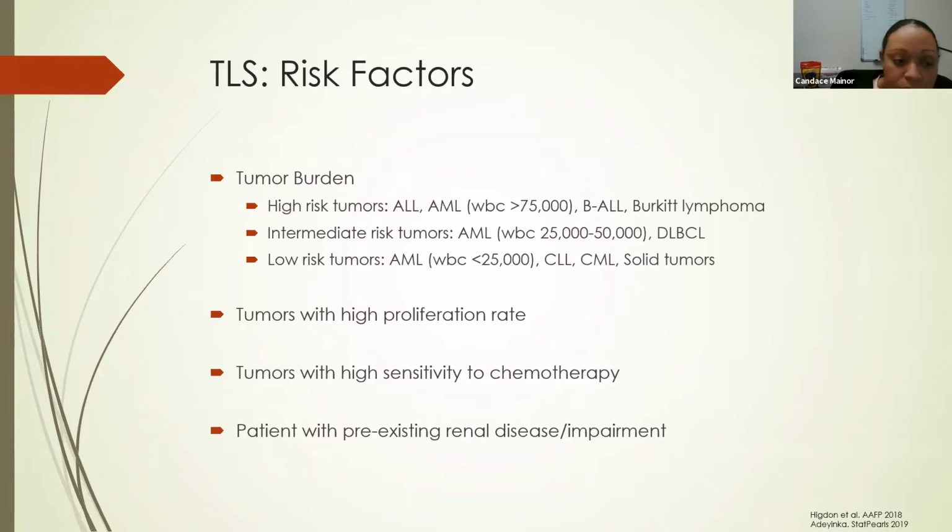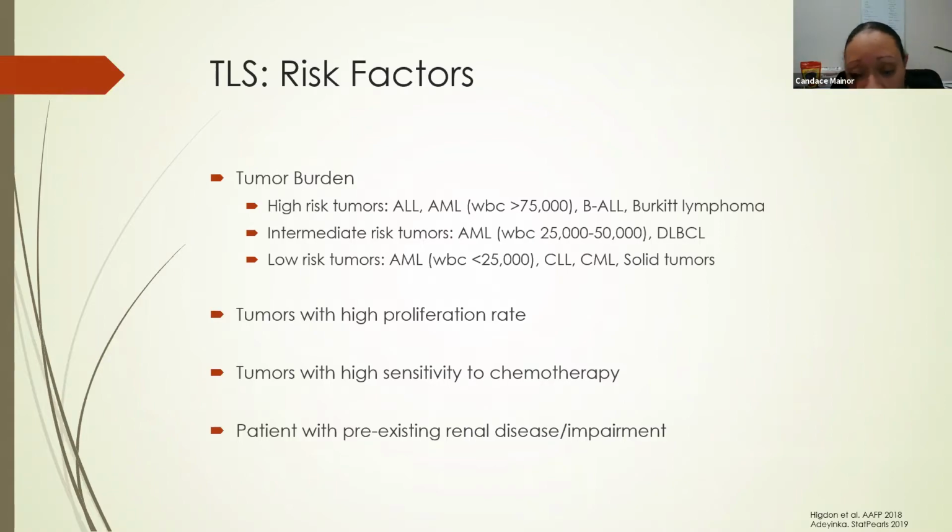On the whole, patients with hematologic malignancies, the leukemias and lymphomas, are at a higher risk for tumor lysis syndrome compared to the solid tumors and the more indolent lymphomas. Also, patients at risk include those with tumors with a high proliferation rate and tumors with high sensitivity to chemotherapy. These can include patients with testicular malignancies.